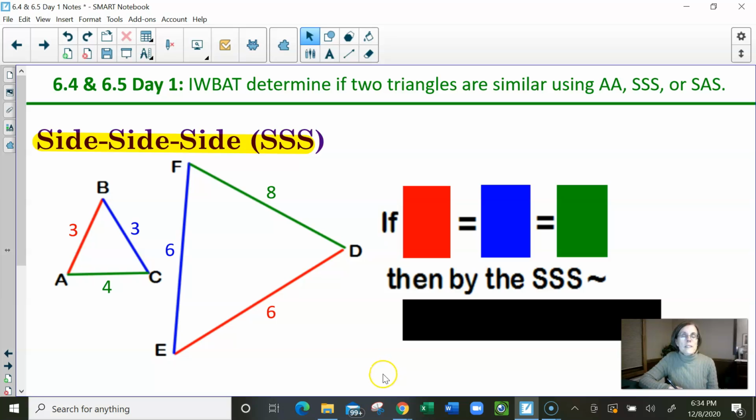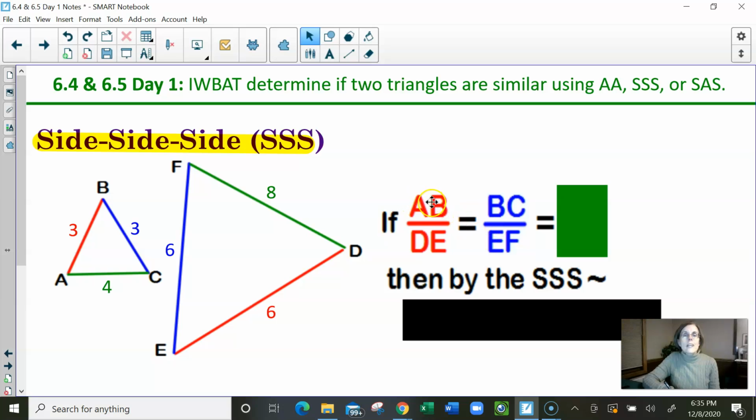For the side-side-side shortcut, for similar triangles, we would need the three pairs of corresponding sides to be proportional. So AB is to DE. That ratio needs to equal the ratio of BC to EF.